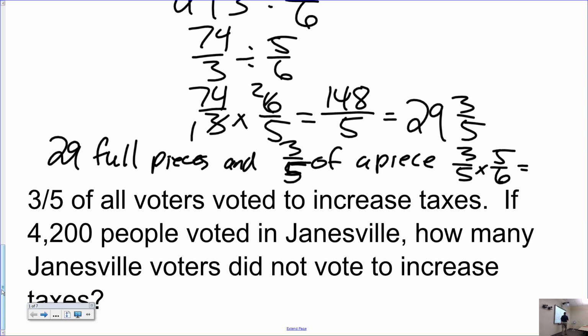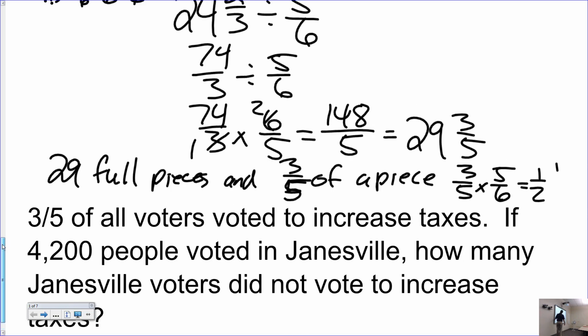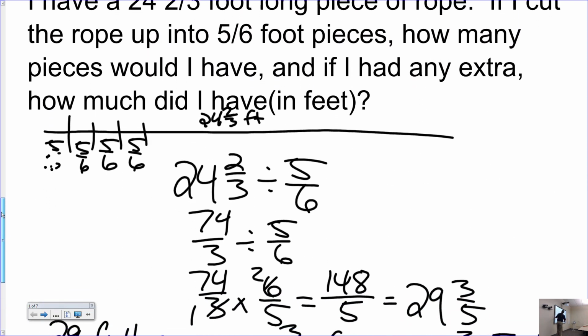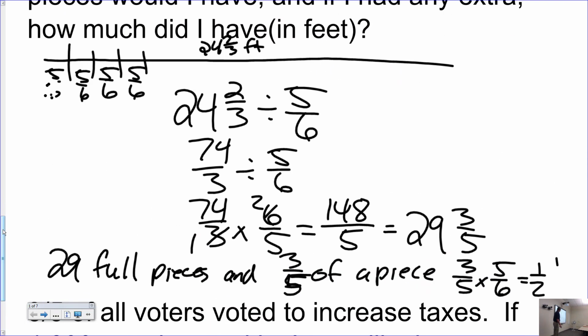Half. 15/30 or a half. Technically, the extra piece is a half a foot long. So if you add up 29 5/6, you'll get almost all the way up to your 74 2/3 feet. You'll just be a half a foot short.